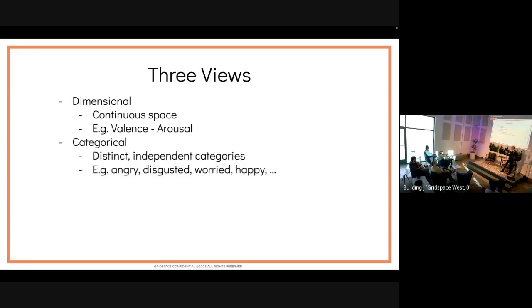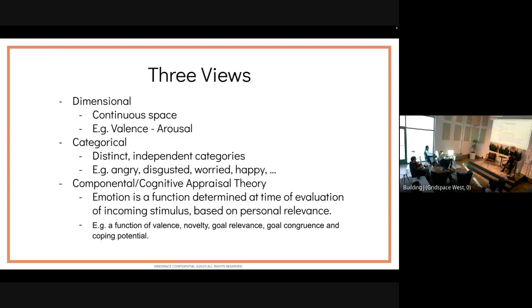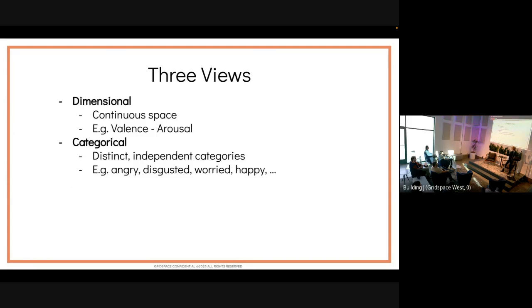Categorical, so distinct independent categories. And the third, which we're not really going to get into, is cognitive appraisal theory, the sense that emotion is a function of your personal effects and personal relevance. So this might be novelty, or goals. So we're going to focus on the first two.